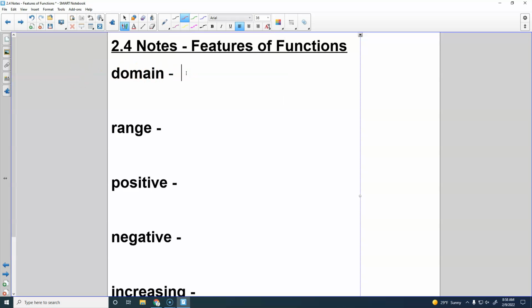So our domain is going to be our possible x values. Range is our possible y values. Okay, looking at a graph, how can we tell a function is positive? It is above the x-axis.